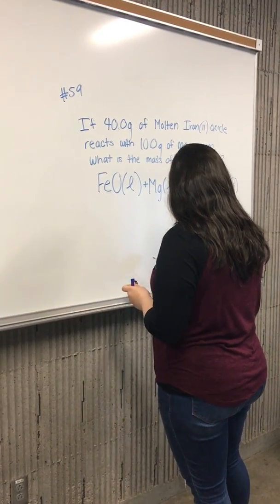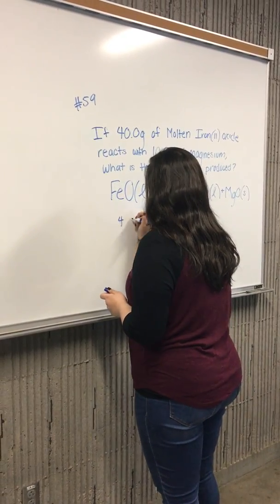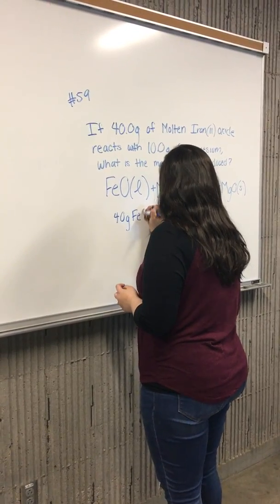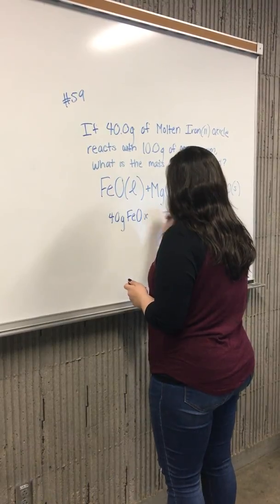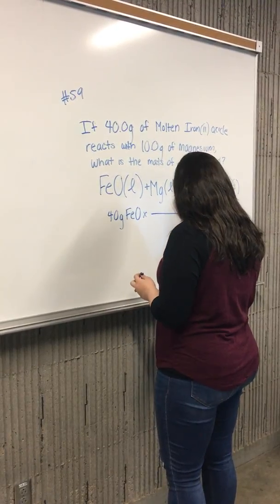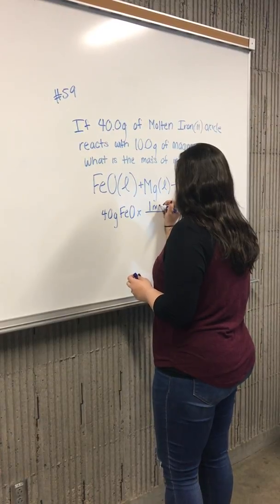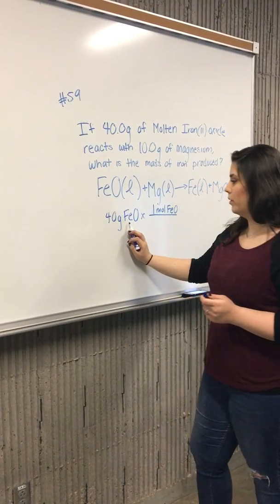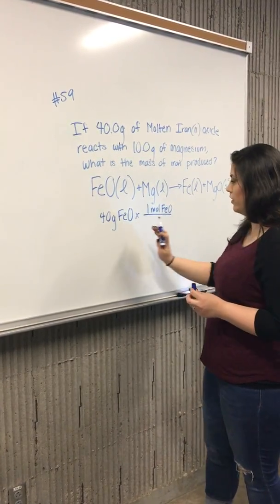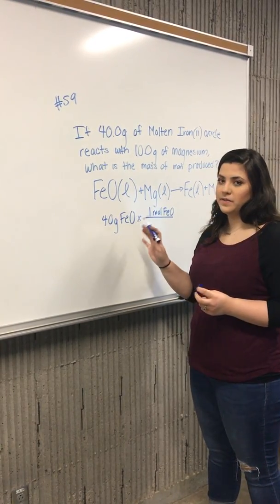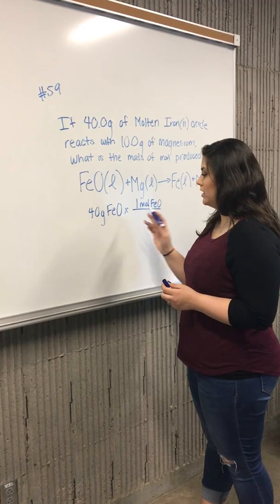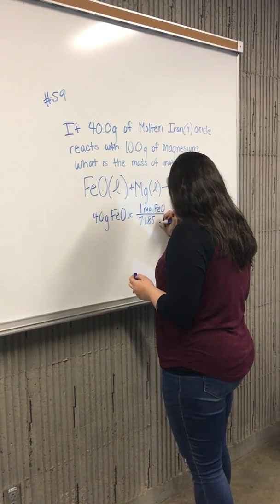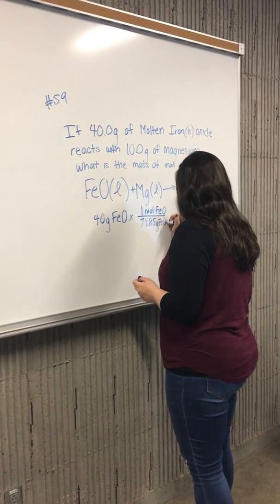And so in order to do that, you're going to take your 40 grams of iron, and then you're going to take it, and you know that you have 1 mole of iron oxide, and then you want to figure out what your molar mass of iron oxide is, and so you know that your atomic mass of iron is 55.85, and then your oxygen is 16, so you'll get 71.85 grams of iron oxide.